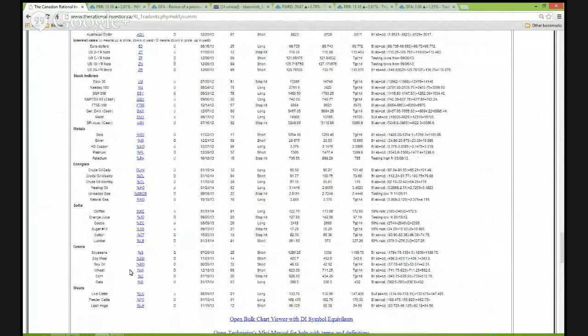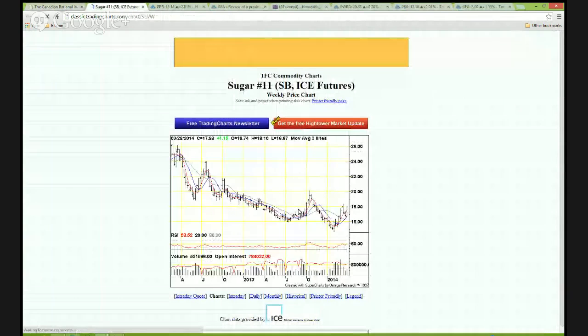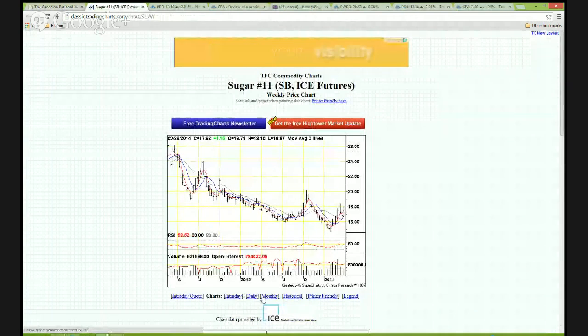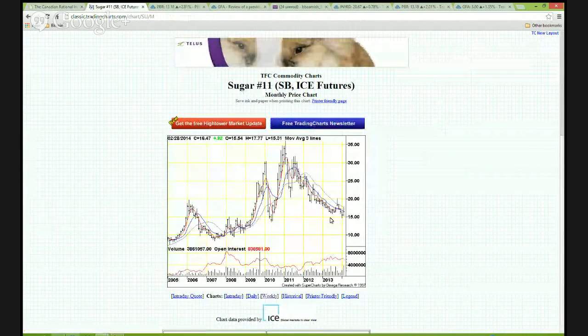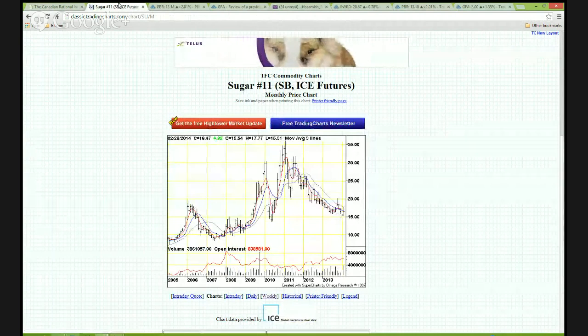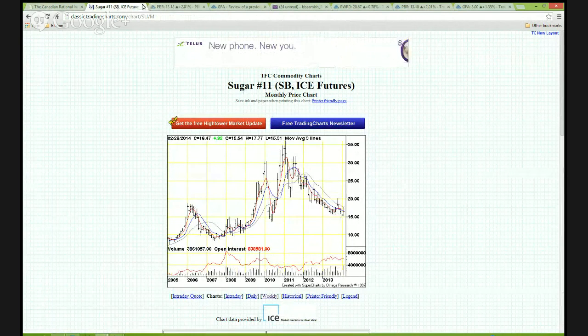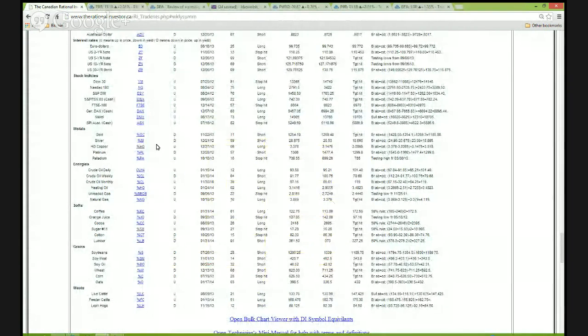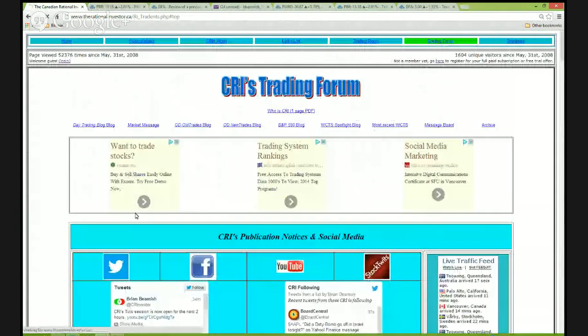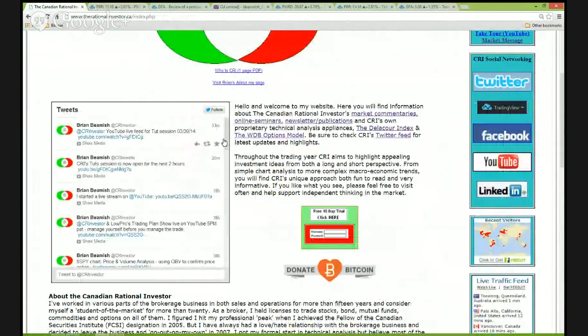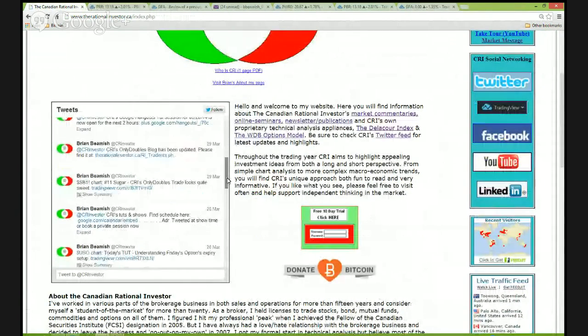So for example, I noticed here that sugar prices were quite depressed, and so last fall, when we were down in this $15, $16 area, I actually issued an Only Doubles trade alert. And those people looking at my feed now will see that I recently published an update to that Only Doubles trade.